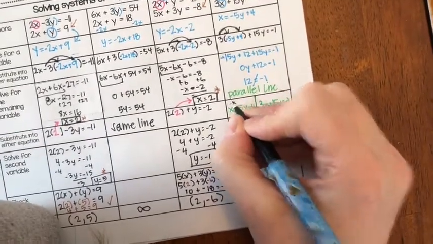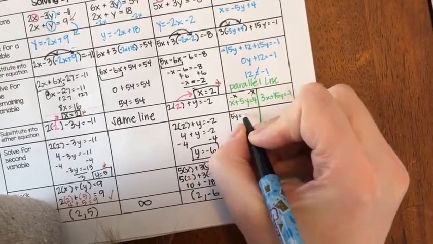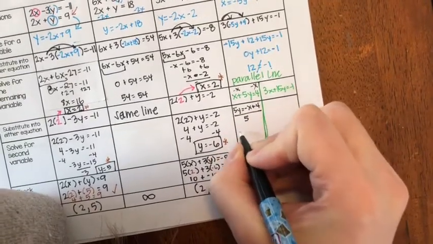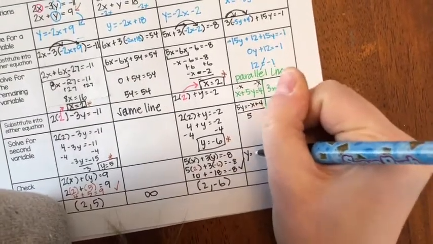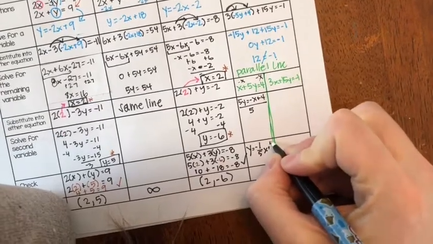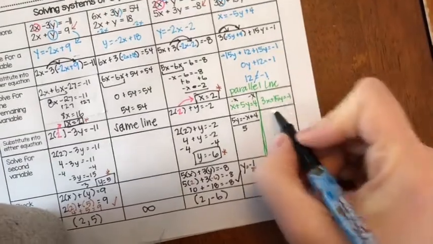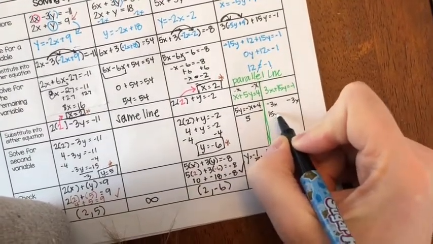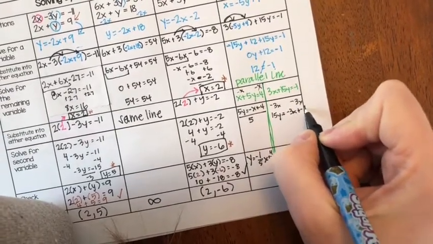So I'm going to subtract x. I get 5y equals -x plus 4. Divide everything by 5. We end up with y equals -1/5 x plus 4 over 5. And that's fine. It doesn't need to be perfect. On this side, we're going to subtract 3x. We get 15y equals -3x plus -1.